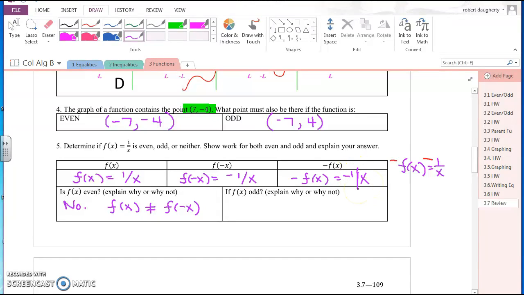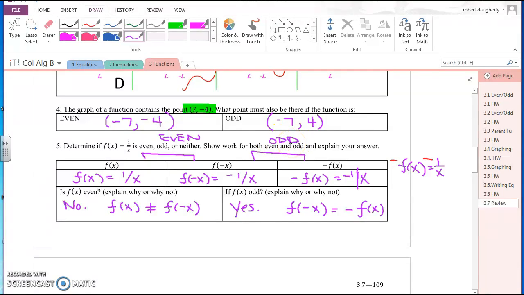Now if I look at these columns, negative f of x and f of negative x, these are equal. So this function is odd, and the reason it is odd is because f of negative x equals negative f of x. Remember our procedure: if the first two columns match, that's when I had an even function. If the last two columns match, that's when I had an odd function.